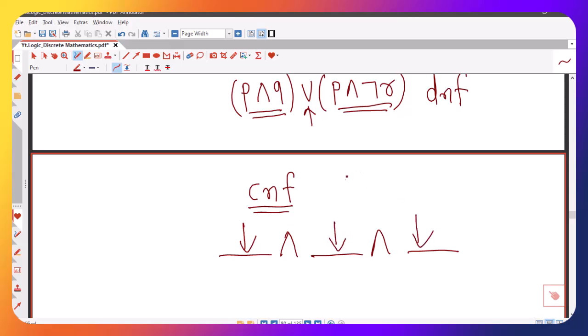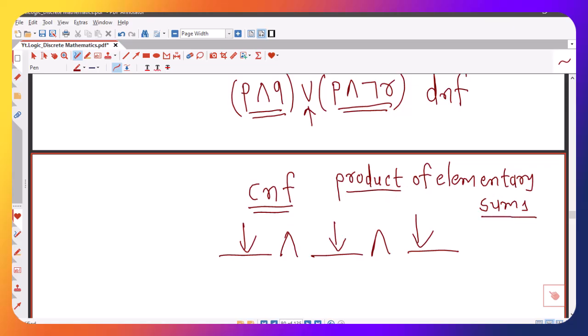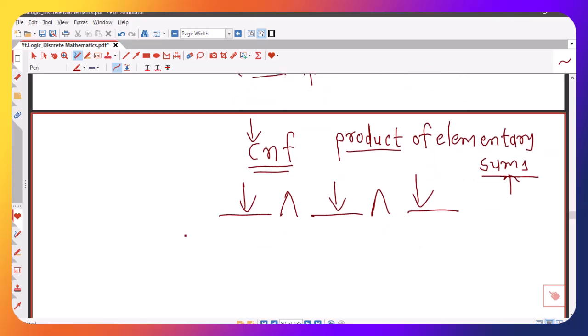So CNF means it is a product of elementary sums. For product we are using conjunction, so it is a conjunction of elementary disjunctions. C is for conjunction. So, a conjunction of elementary disjunctions or a product of elementary sums.